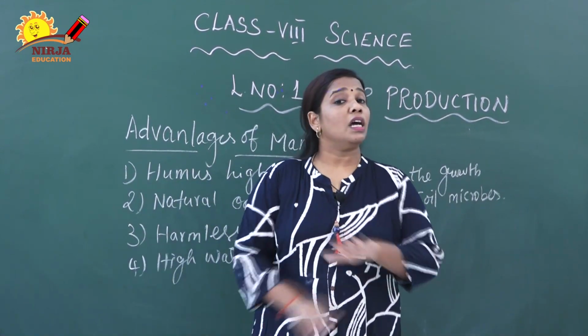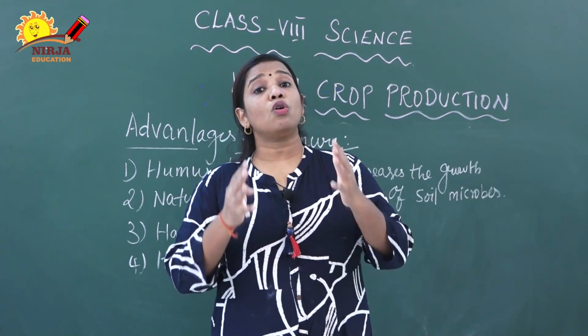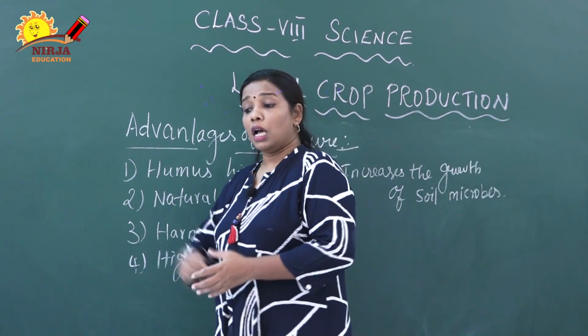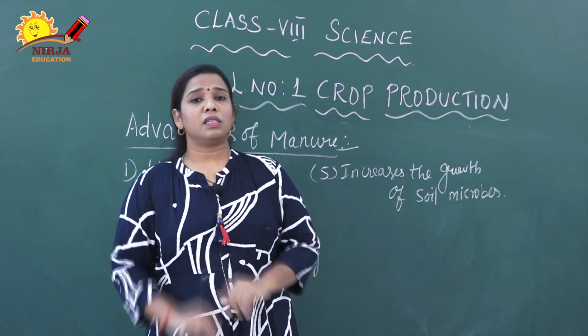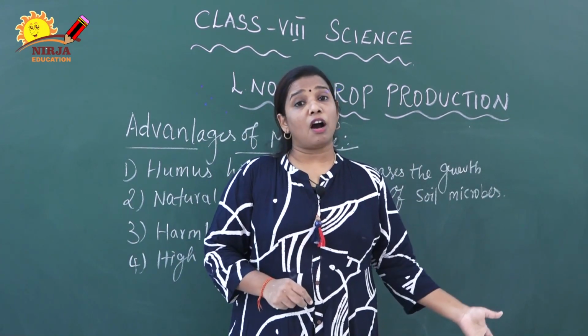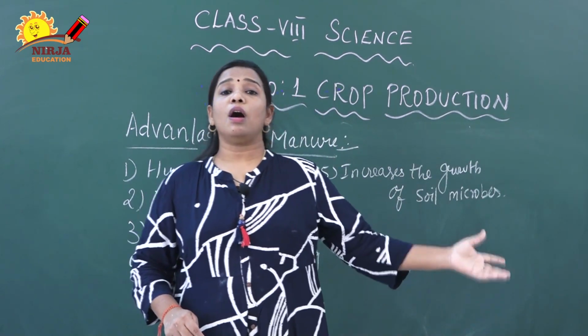Fertilizer does not have any humus. It contains more inorganic substances. Manures are harmless, but fertilizers are very harmful. They are harmful to the environment, water, and other living organisms also.